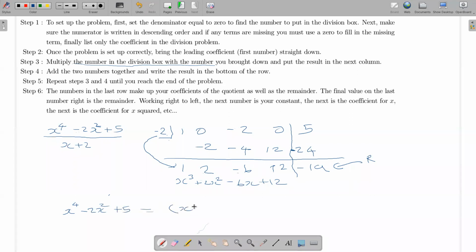Okay, x plus 2 times x cubed plus 2x squared plus 2x minus 19.